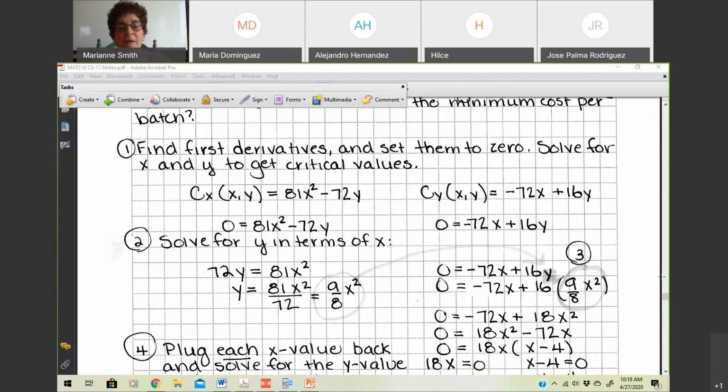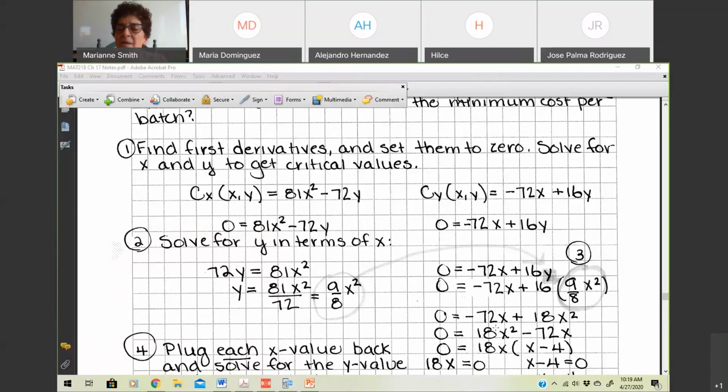This is an example where algebra is going to help you simplify what you're doing. So I have negative 72x plus 18x squared. It's a quadratic, so let me put it in the order I'm comfortable with, the squared term first, minus the linear term. And then I'm looking to see, any common factors?